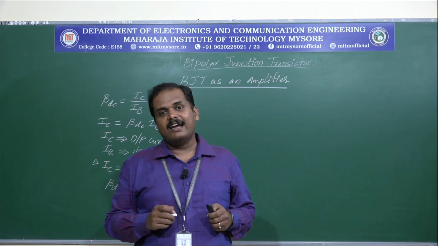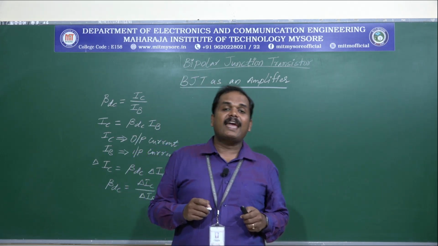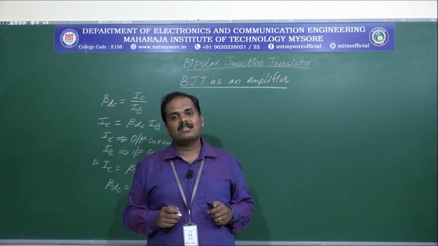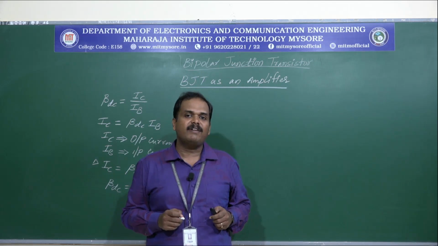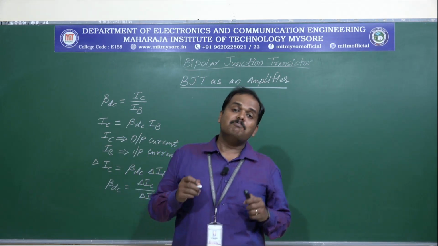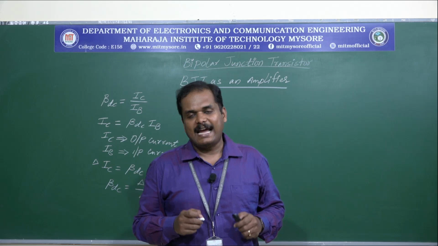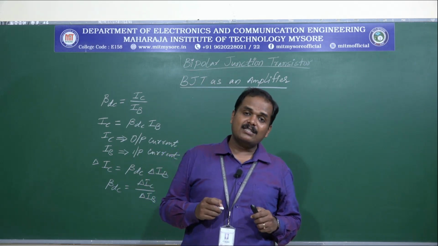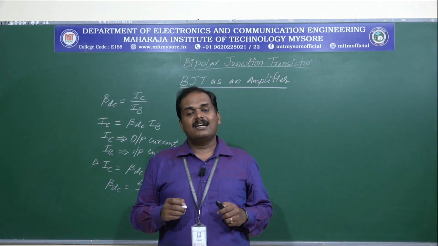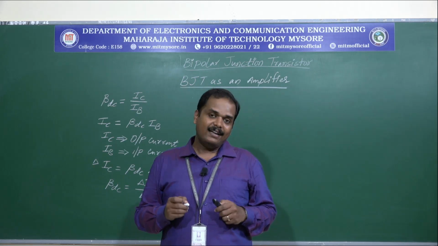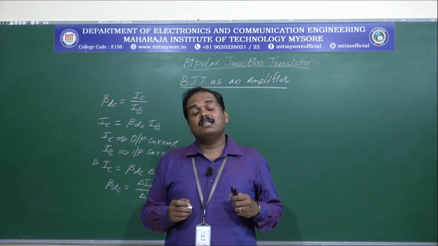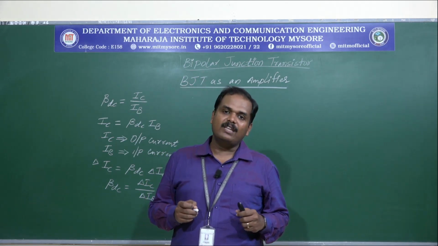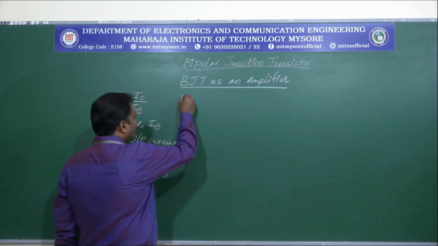So now let us understand how a BJT can be used as a voltage amplification device, or let us understand BJT as a voltage amplifier. To understand this, let us consider a circuit diagram and the corresponding output characteristics of this circuit.